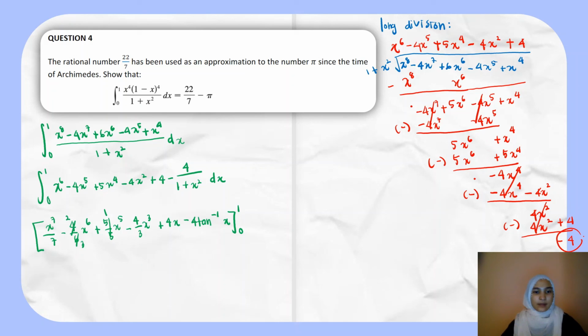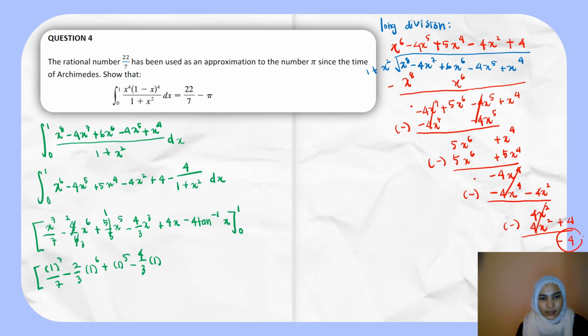Then you can substitute the limits in this term here. So you will get 1 to the power of 7 over 7 minus 2 over 3 times 1 to the power of 6 plus 1 to the power of 5 minus 4 over 3 times 1 cubed plus 4 multiplied by 1 minus 4 times pi over 4, minus 0.